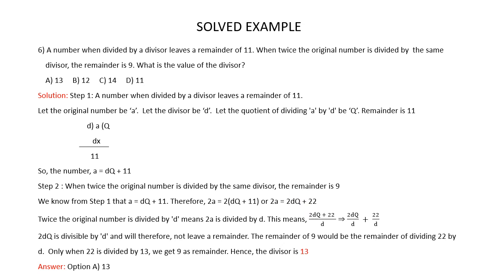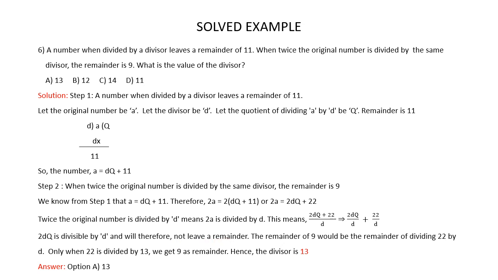It's given that twice the original number is divided by D. This means 2A is divided by D. So 2DQ plus 22 is divided by D. This fraction can also be written as 2DQ divided by D plus 22 divided by D. 2DQ is divisible by D and will therefore not leave any remainder.